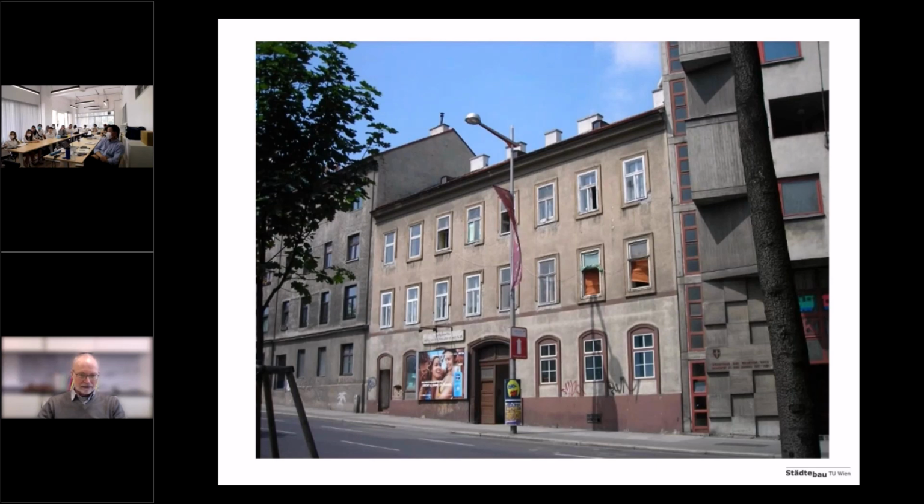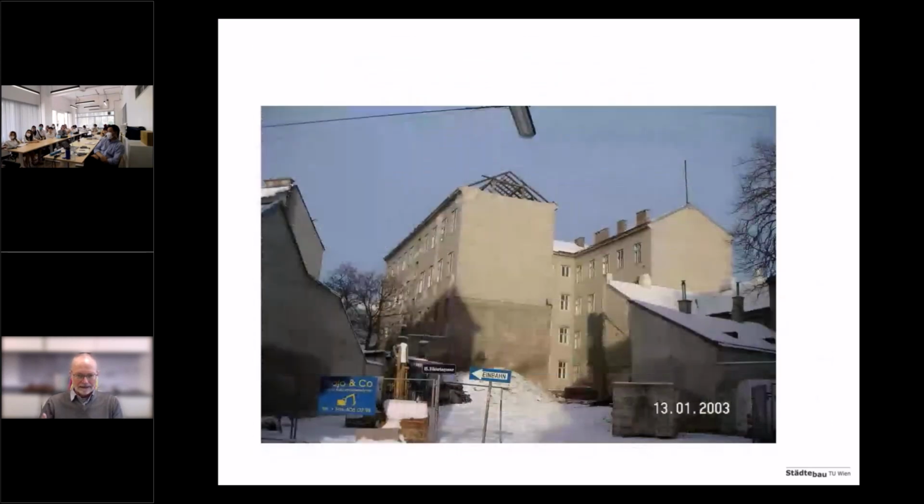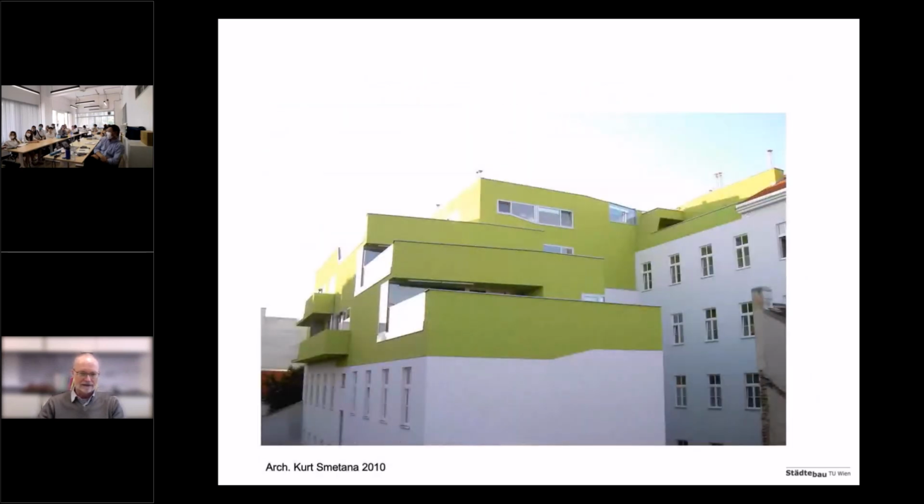Because of that, the income of the landlords have been very low, because you couldn't rent these apartments for a higher price. So the income was low, the condition of the building went down, and this was the idea of these improvements that the city of Vienna tried to configure. As you can see here, they broke down one of these buildings in the courtyards.